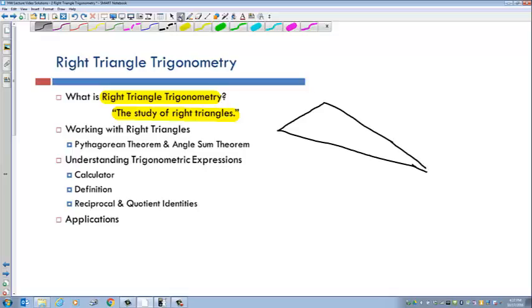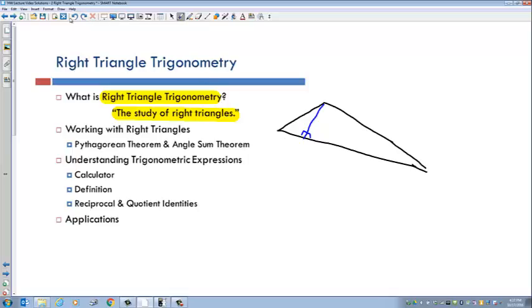But we can simply create two different right triangles out of that one triangle. So in essence, every triangle can be reduced down into terms of right triangles, and we can use the properties of right triangles to understand properties of triangles in general. That's the idea.